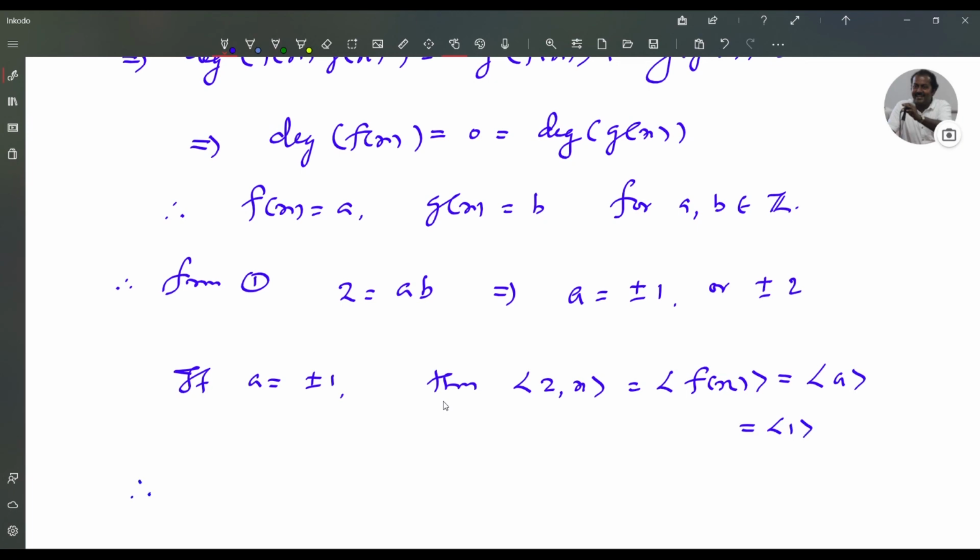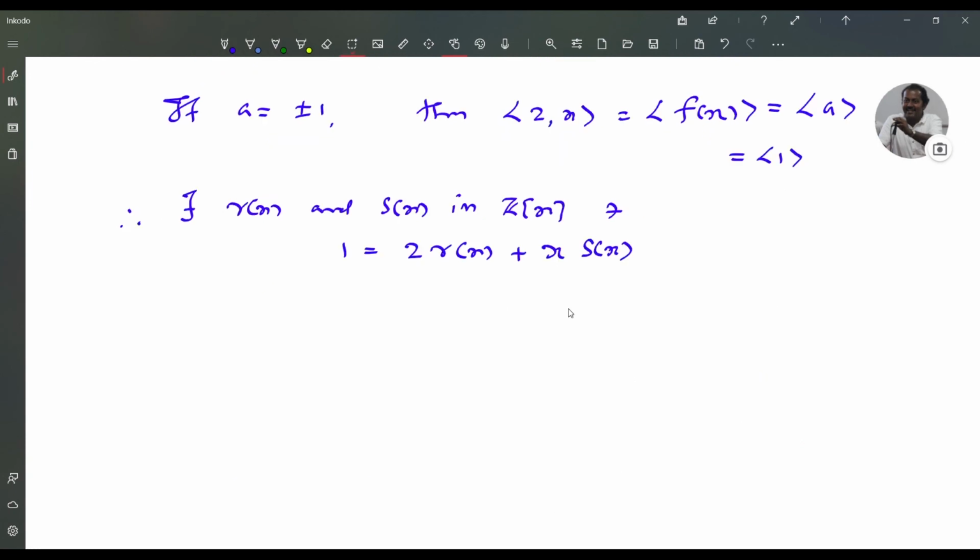Therefore, there exist r(x) and s(x) in Z[x] such that the ideal generated by 1 is the ideal generated by 2 and x. So 1 is equal to 2 times r(x) plus x times s(x).